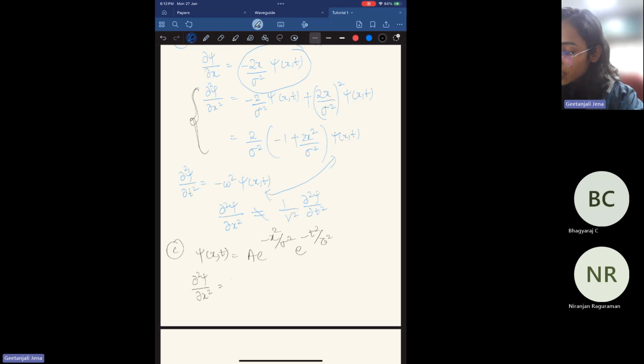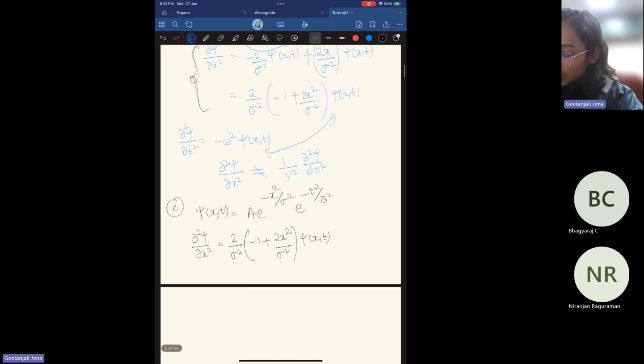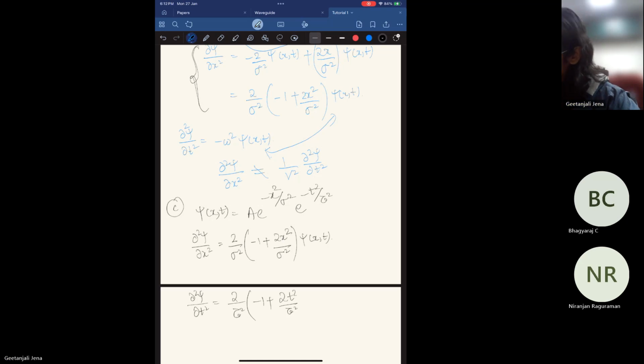So this will come out as 2 by sigma square into minus 1 plus 2x square by sigma square, psi of x,t. And for the t part, we'll get the same form, but instead of sigma, we have tau. So it will come out as 2 by tau square into minus 1 plus 2t square by tau square, psi of x,t.